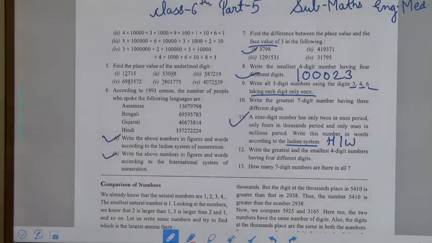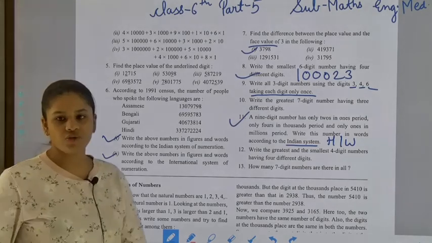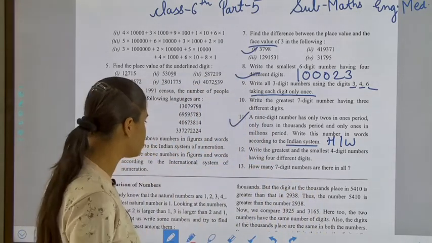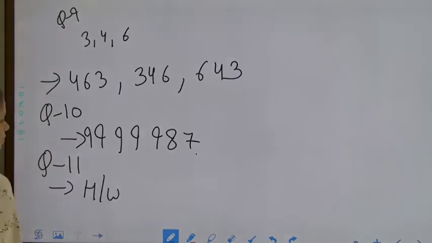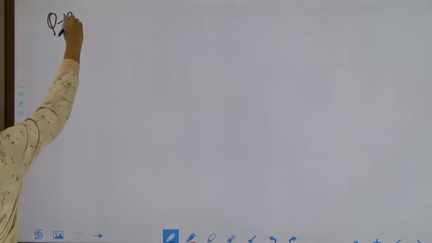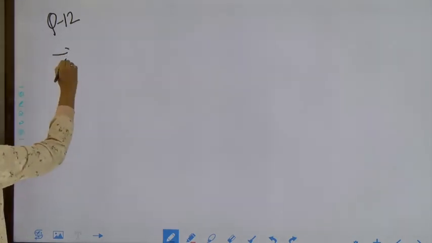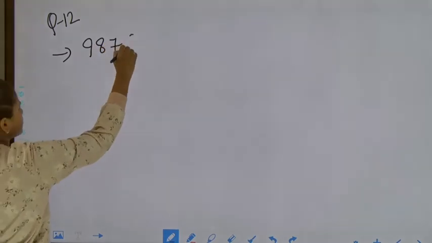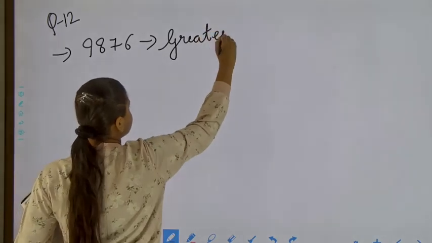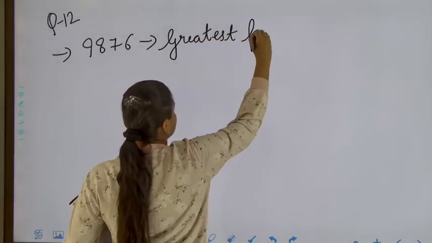That is, write the greatest and the smallest 4-digit number having 4 different digits. Students, we have to write the greatest and smallest number, but जो 4 digits होंगी वो different digits होगी. So let's start with question number 12. 9876, that is the greatest 4-digit number.